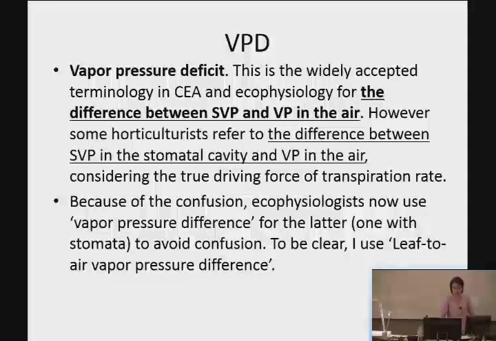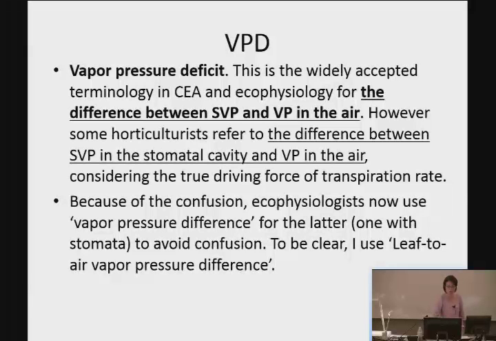But anyway, because of the confusion, ecophysiologists came up with another, a little bit confusing terminology. They call it vapor pressure difference, and that basically means the difference between leaf saturated vapor pressure minus the current.